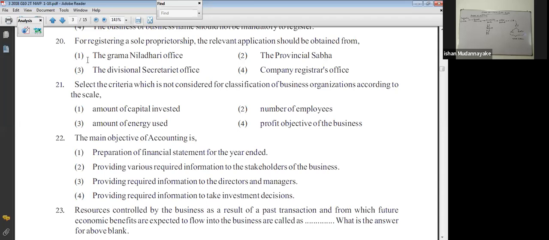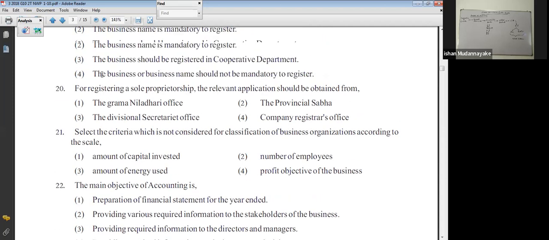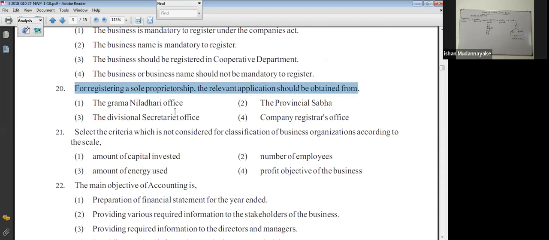Up to 20, quickly look at this. For registering a sole proprietorship, the relevant application should be obtained from the divisional secretary office. From the divisional secretariat office, you can get the required documents to register your sole proprietorship business organization.